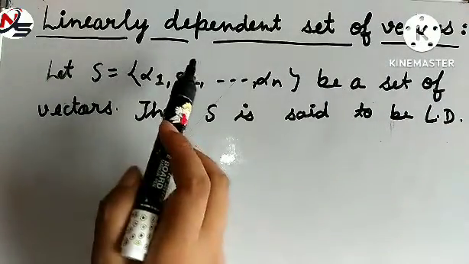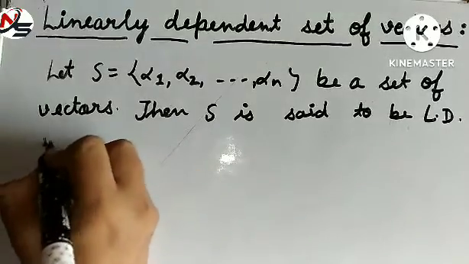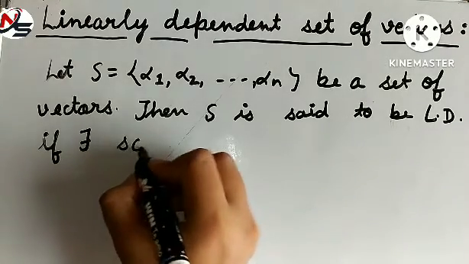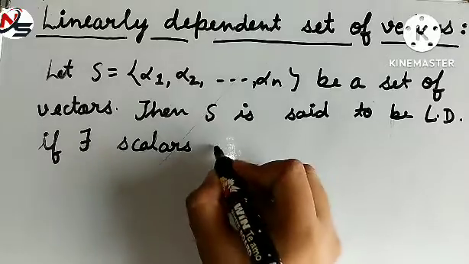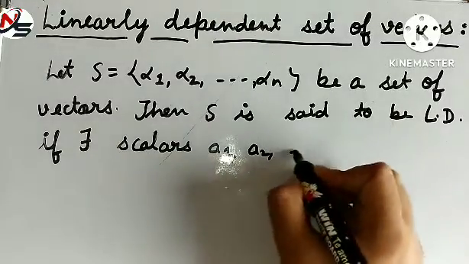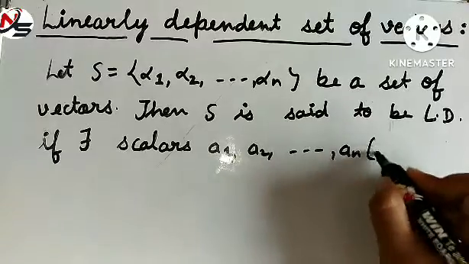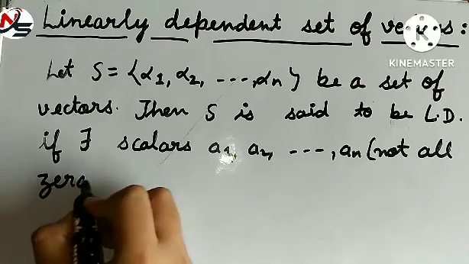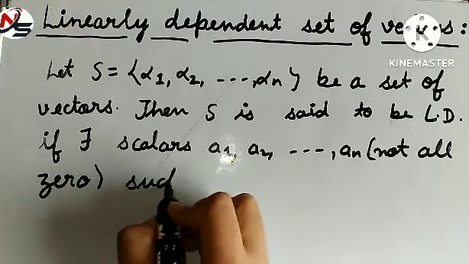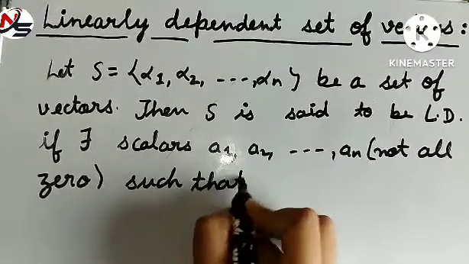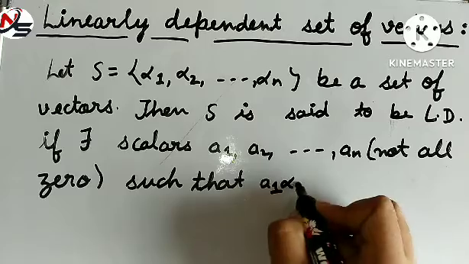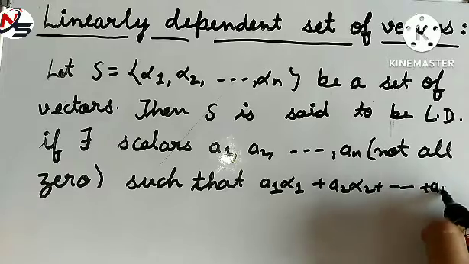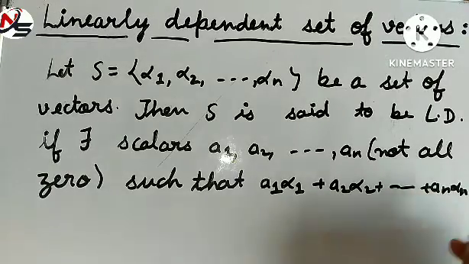LD मीन्स लीनियरली डिपेंडेंट, इसको हम शॉर्ट में LD लिखेंगे, if there exist scalars a1, a2, so on an, not all 0, such that a1 α1 plus a2 α2 plus so on plus an αn equal to θ.